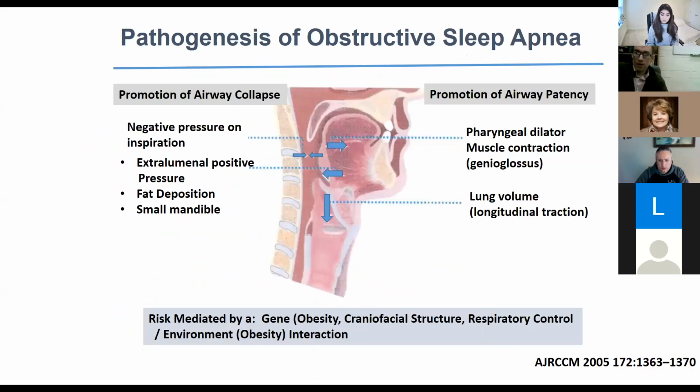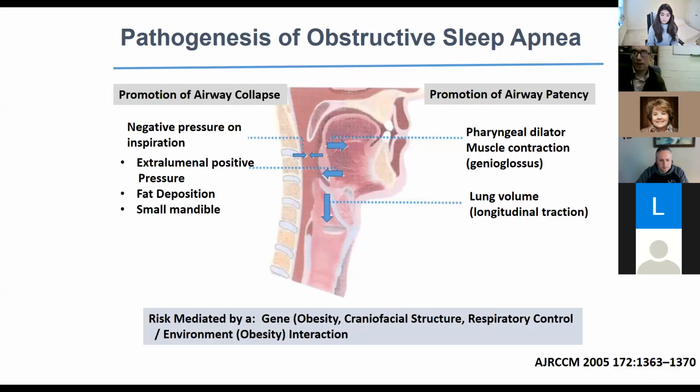So what happens during obstructive sleep apnea? Typically there are processes that promote airway patency versus processes that promote airway collapse. When we breathe in, we use negative pressure: our diaphragm falls down, our lungs are pulled out, and we suck air into our lungs.